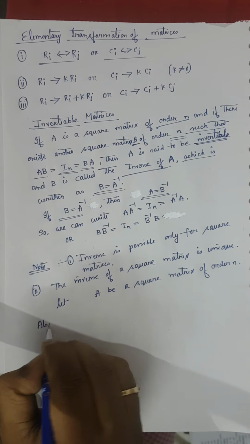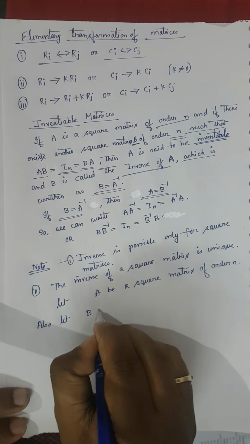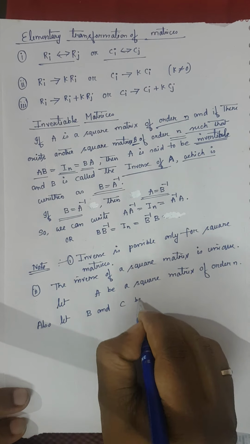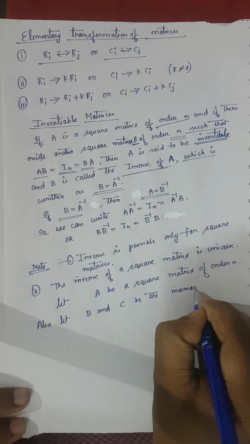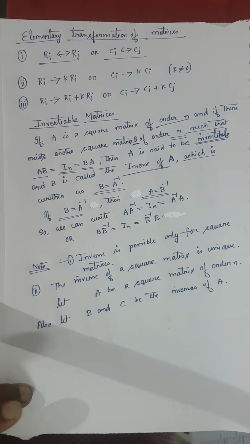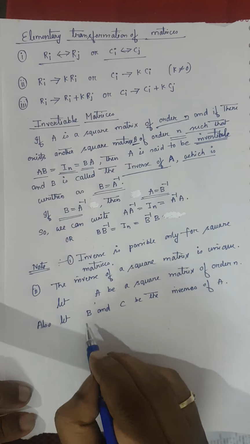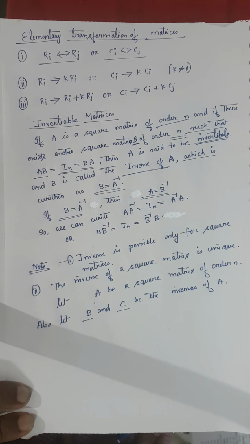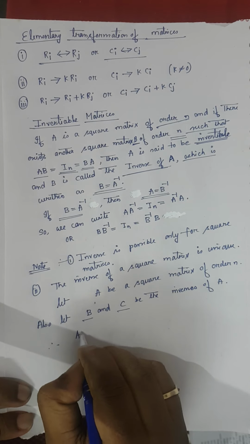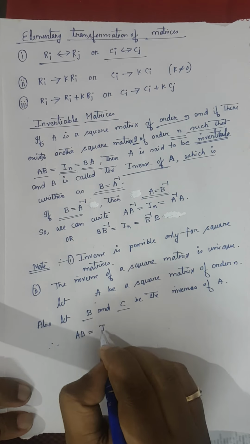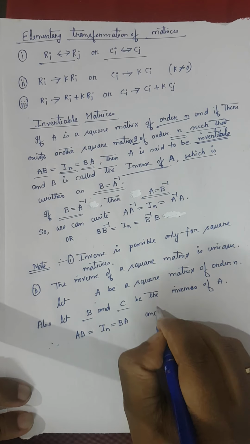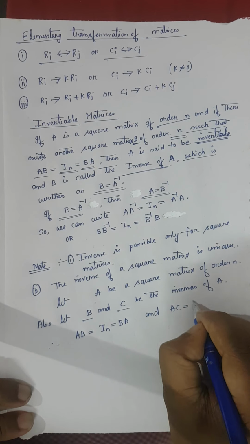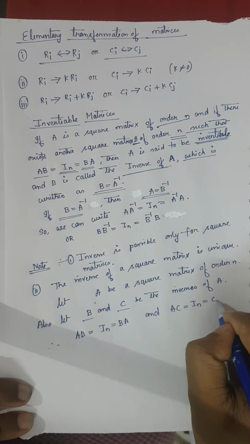Also let capital B and capital C be the inverses of A. So we have assumed that A has two inverses, B and C. So we know the product of A into B will be equal to In, which is equal to B into A. Similarly, the product of A into C is equal to In, which is equal to C into A.